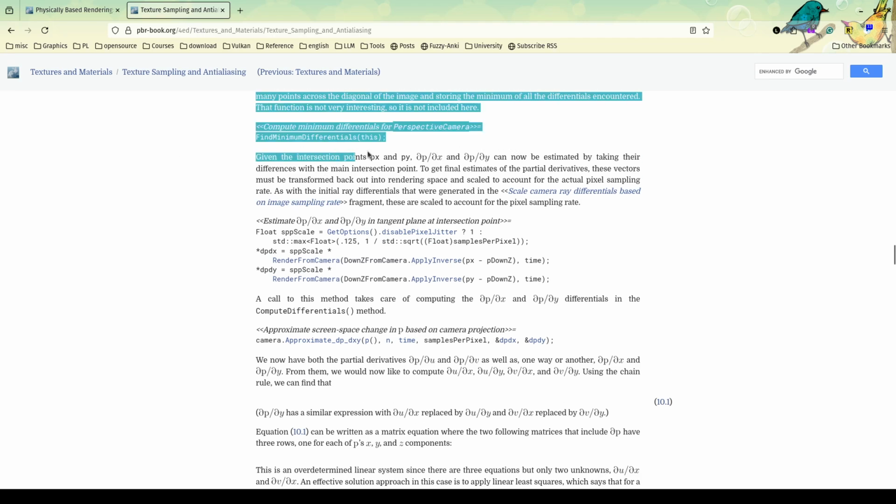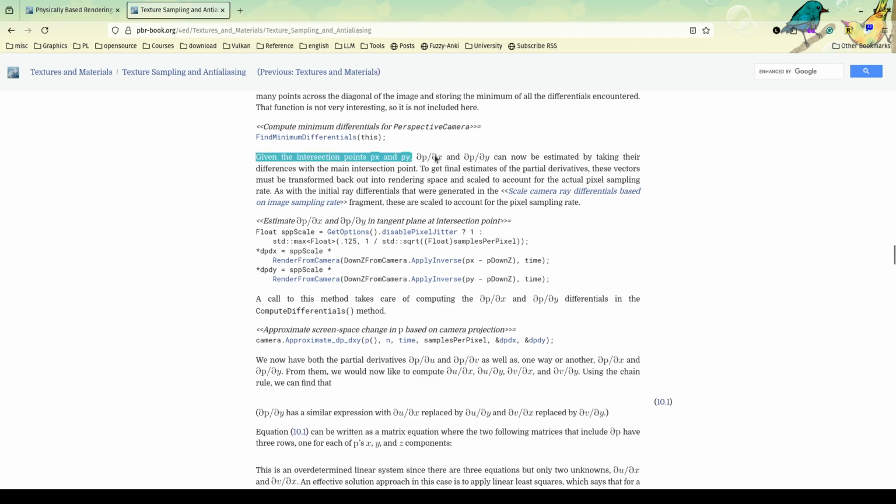And given the intersection points px and py, partial p partial x and partial p partial y can be estimated by taking their differences with the main intersection point. To get the final estimate of the partial derivatives, these vectors must be transformed back out into rendering space and scaled to account for the actual pixel sampling rate.